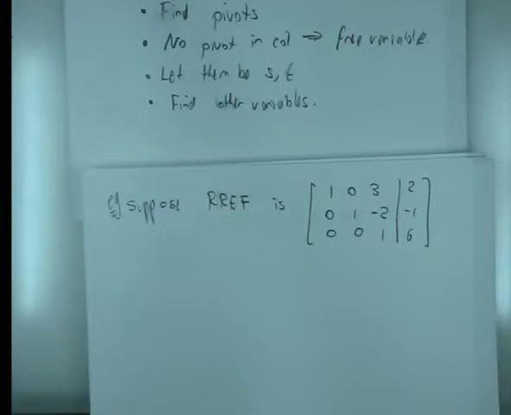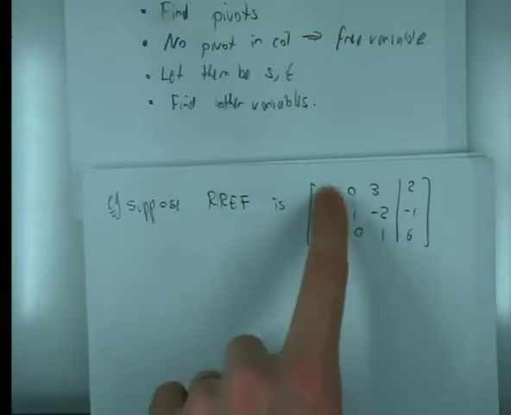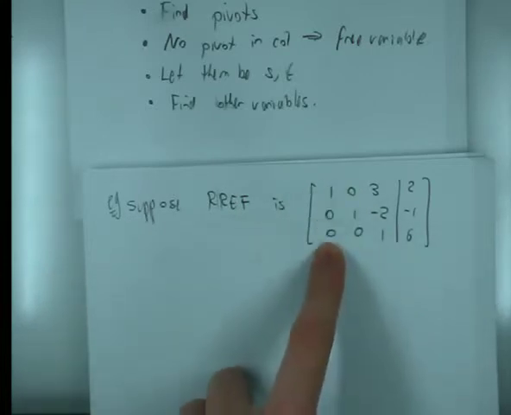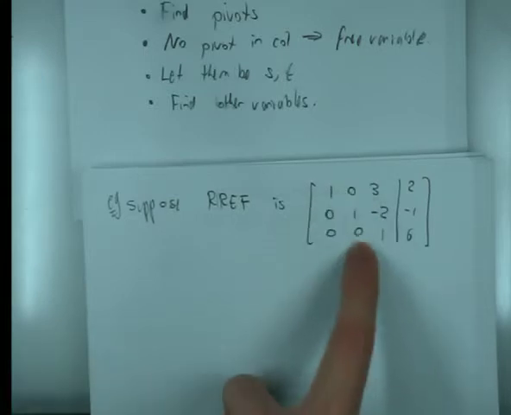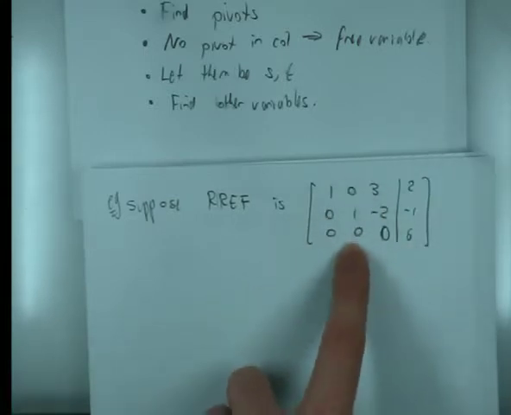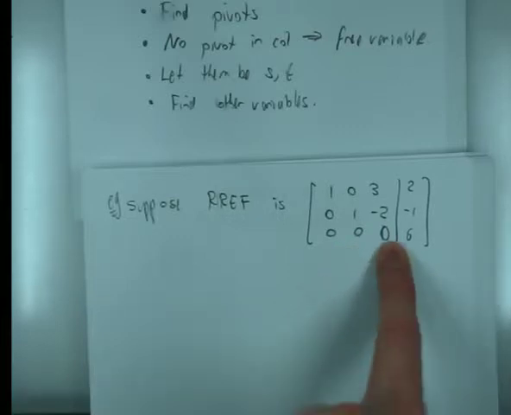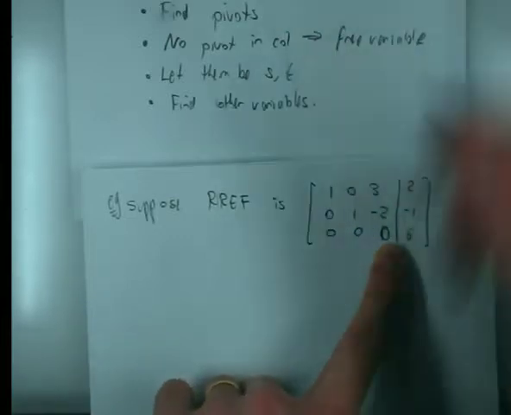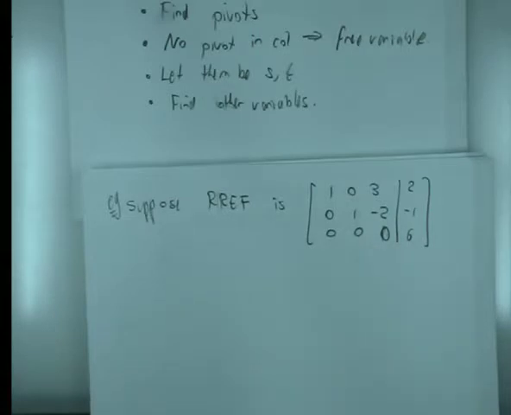Suppose that's my reduced row echelon form. What I'm going to do is look at this, and that's an identity matrix column, right? And so therefore it's a pivot, and that's my second column as well. That's my second column of the identity. It's a pivot too, and this one doesn't have a column of the identity in it. If there was a 1 there, I would have kept doing row operations and finished it off.